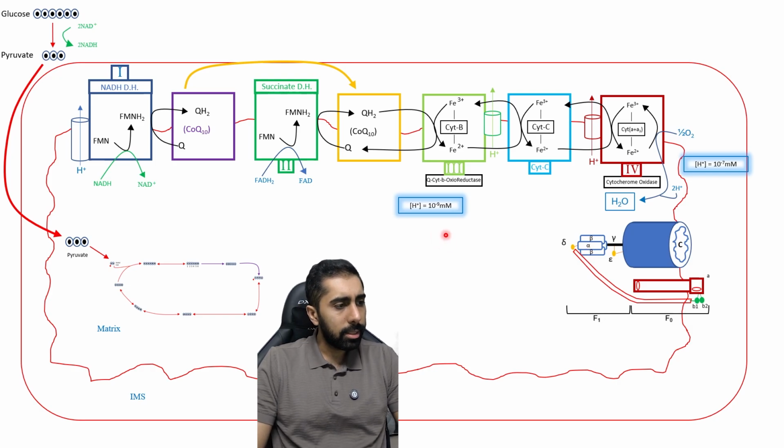So let's see what's going on and what the mitochondria is going to do in order to produce ATP, or energy.